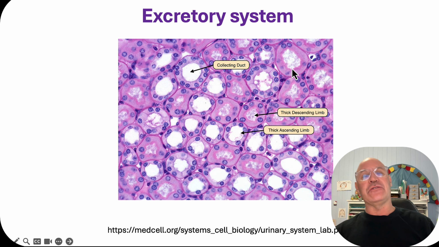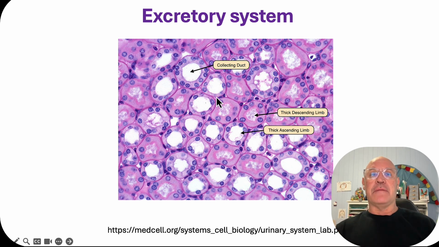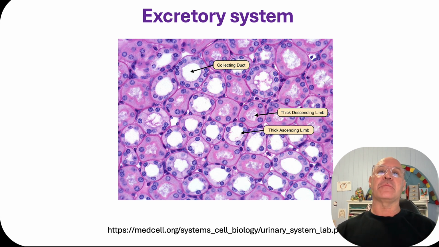Based on that, given that it's the kidney and it's involved in excretion, we can assume that it's not muscular tissue. The fact that it's packed together like this suggests to us that it is predominantly epithelial tissue. There will also be connective tissue holding everything together in the kidney, but this is predominantly epithelial tissue.